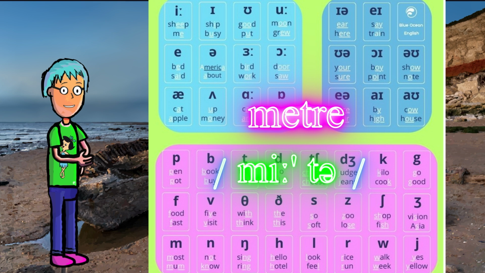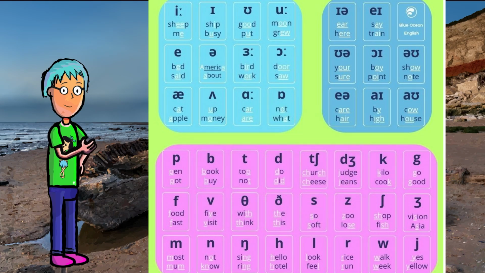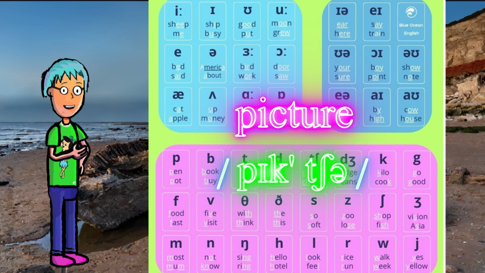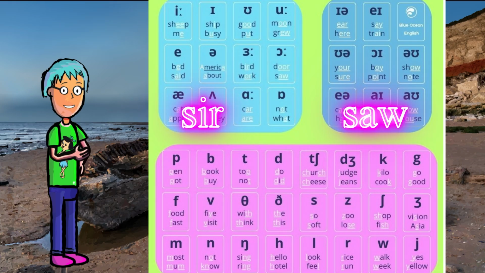So it's meter, and here you can see the syllables are shown, meter. The next one, also using the schwa sound, is picture. So we write picture like this, picture, picture.